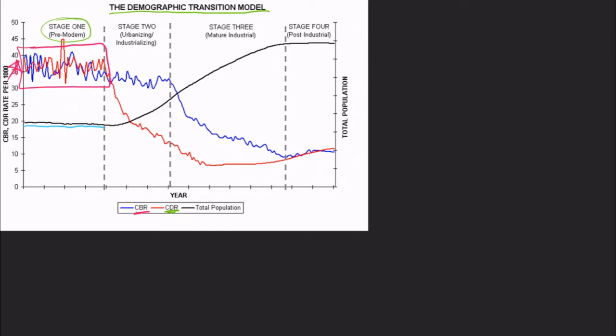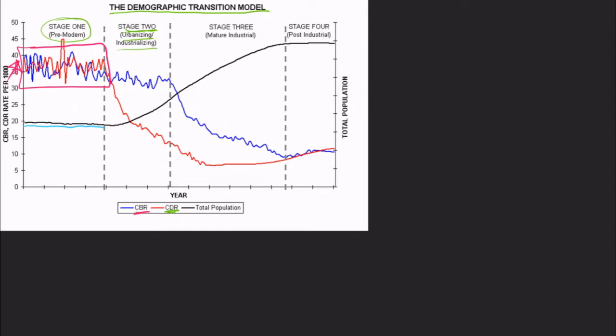Well, then we enter into what is known as stage 2, which typically coincides with urbanizing and industrializing. So what would happen here, it becomes more industrialized. This is a developing nation, a developing country. There are more job opportunities.